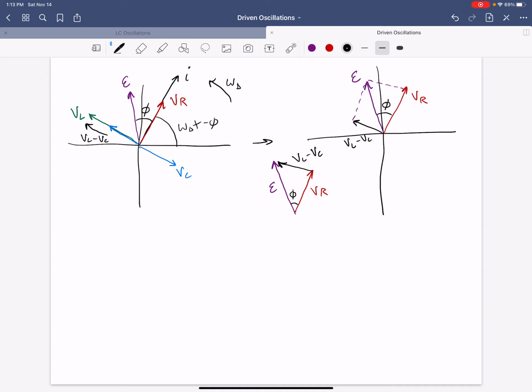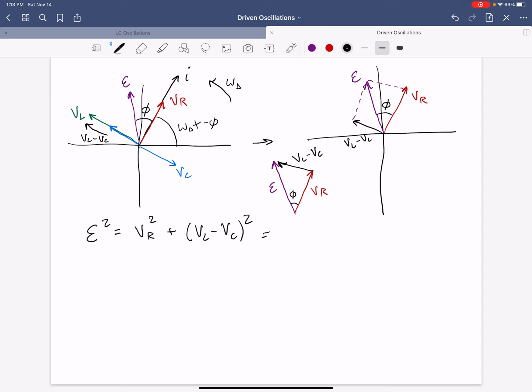And so now it's just a matter of using the Pythagorean theorem. So a squared plus b squared equals c squared. I'm calling the hypotenuse c, with a as VR and b as VL minus VC. Now I'm going to write this in different terms.